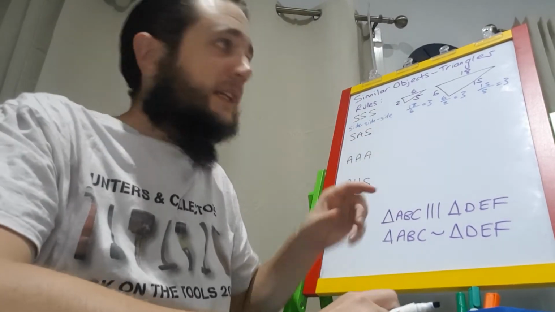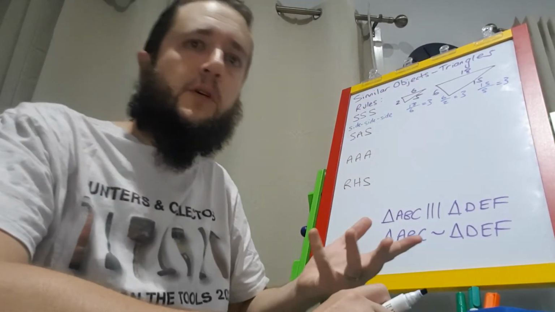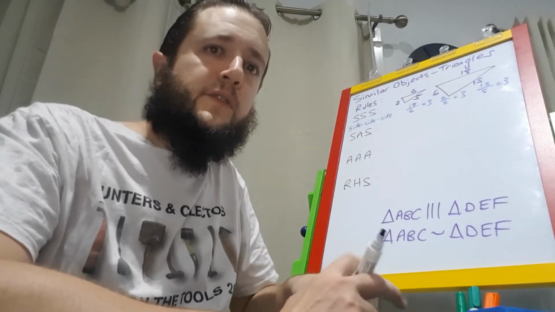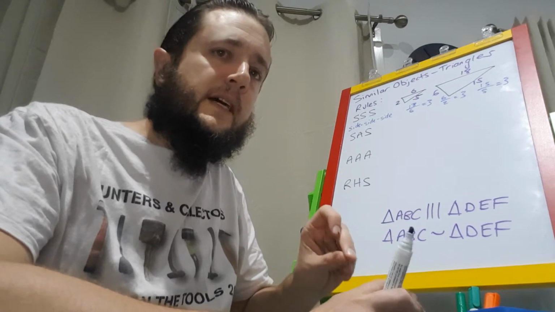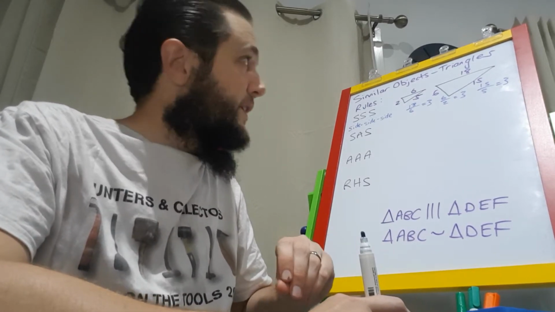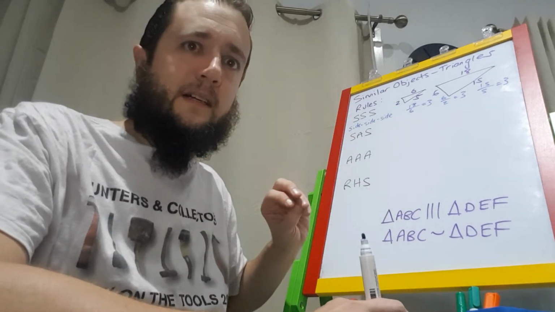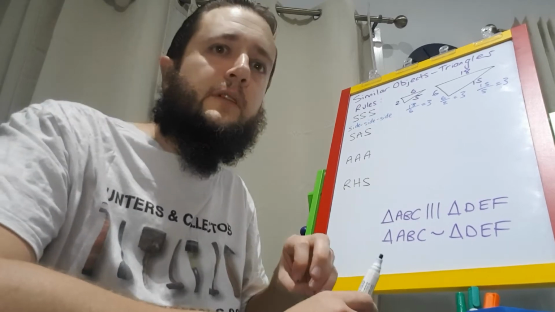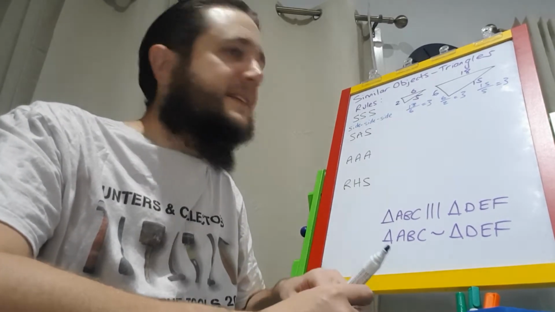If for any side length I was going from the smaller to the bigger, I'd multiply it by 3. For any side length going from the bigger one to the smaller one, I divide it by 3. There is the same ratio for each side. Thus, all the sides are in agreement, and hence we say these two objects are similar by the rule SSS.